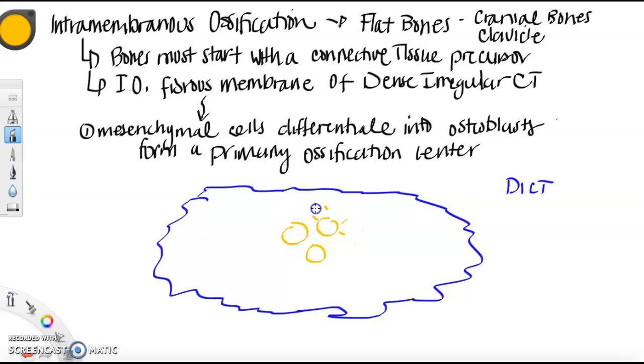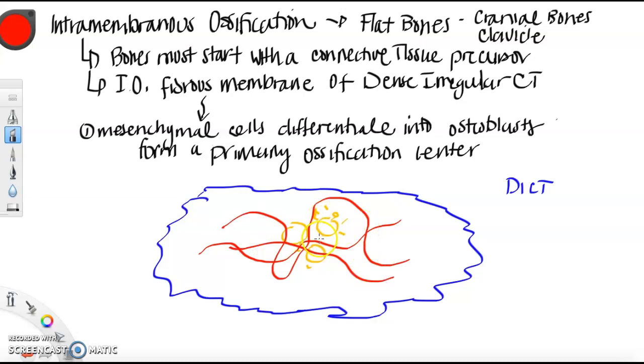And the osteoblasts start secreting. They secrete matrix. And within this dense irregular connective tissue, there are blood vessels and things running through here. Okay, so it's secreting this matrix within this primary ossification center. So this right here, where these new cells are forming and secreting matrix, is the primary ossification center.